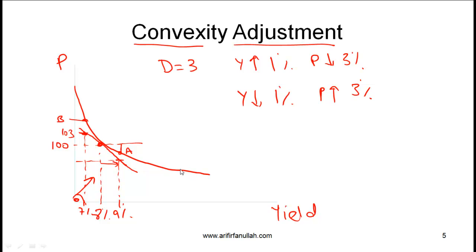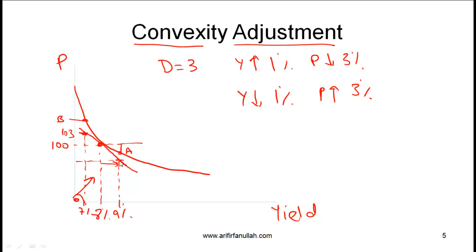So now the point is, how do we make an adjustment for that convexity? And to illustrate this point, I am going to use a different color now. So notice that in both situations, when interest rate goes up as well as when interest rate goes down, we need to add a certain amount to the value that we calculate using duration. So first look at the situation where interest rates go up.